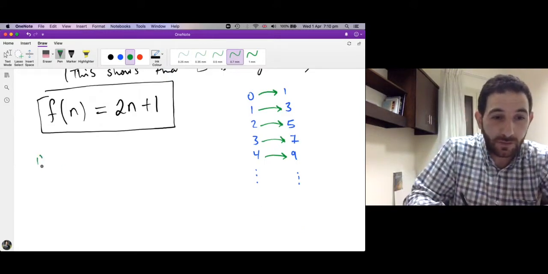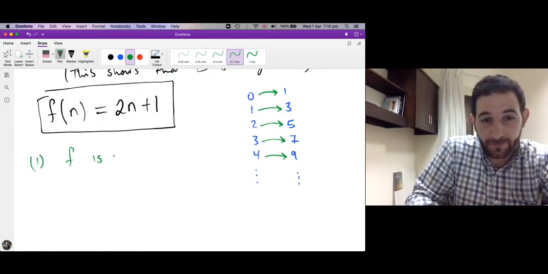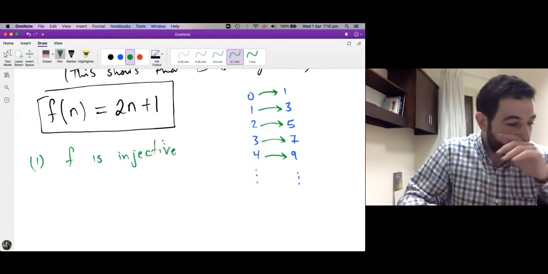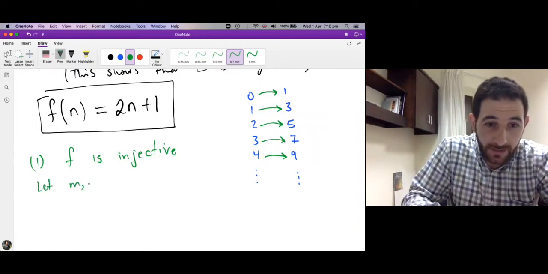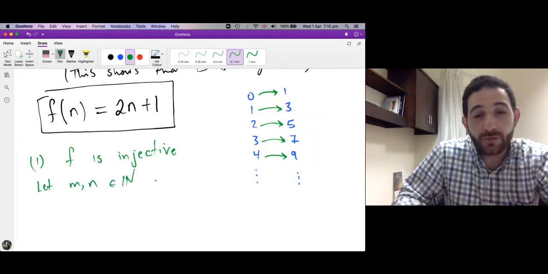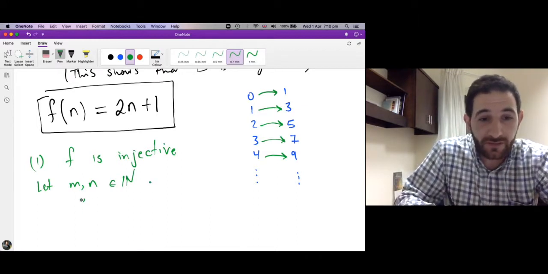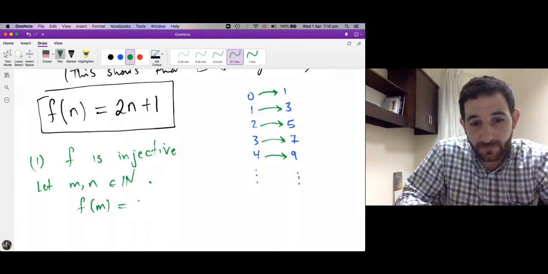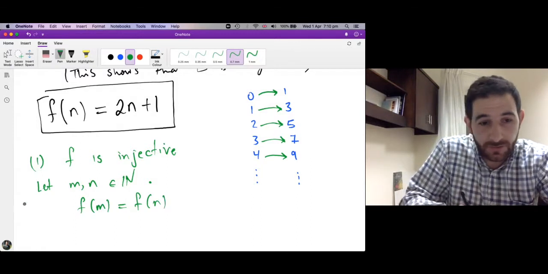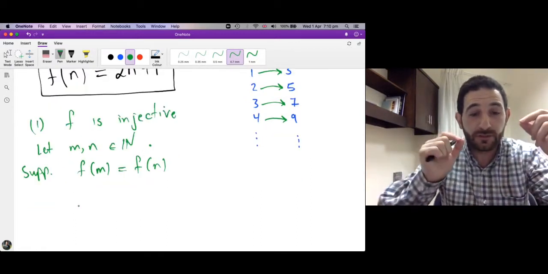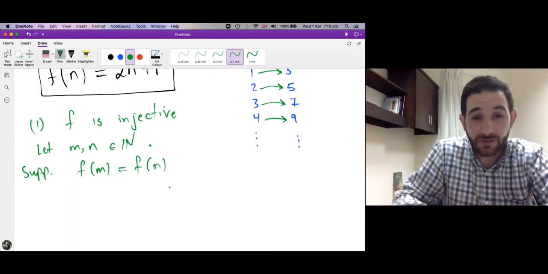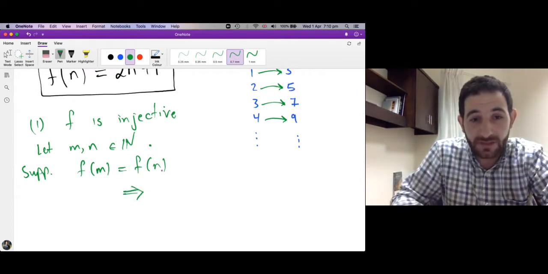So first, we will show that f is injective. How do you show that f is injective? Let m and n be in the domain. Choose any two elements in the domain and suppose they have the same image. Then we want to show that these two points are actually the same point. What is the image of m? It is 2m plus 1.